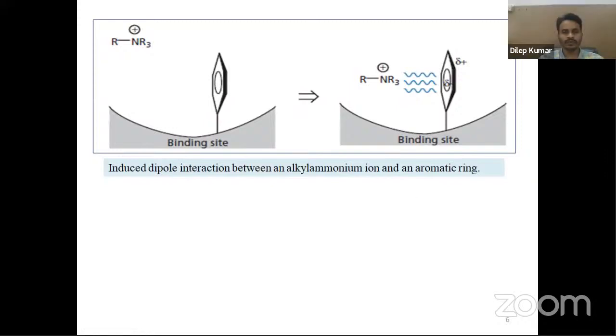So overall, not a single type of interaction can we see with a molecule. We can see a multitude of interactions. A single interaction is not sufficient for a molecule to fit into the receptor and show its activity. Two or more types of interactions will combine, and they will interact with the active site of the protein molecule or the receptor.